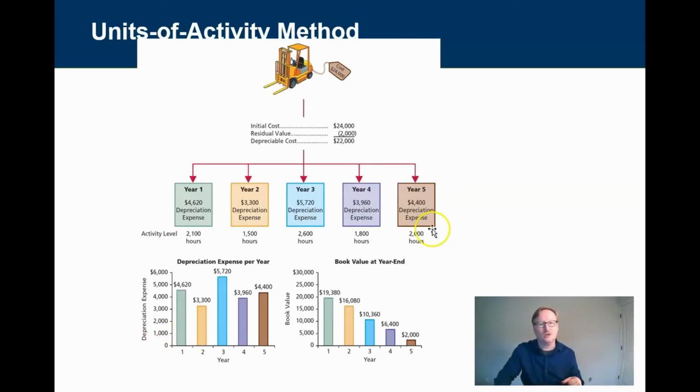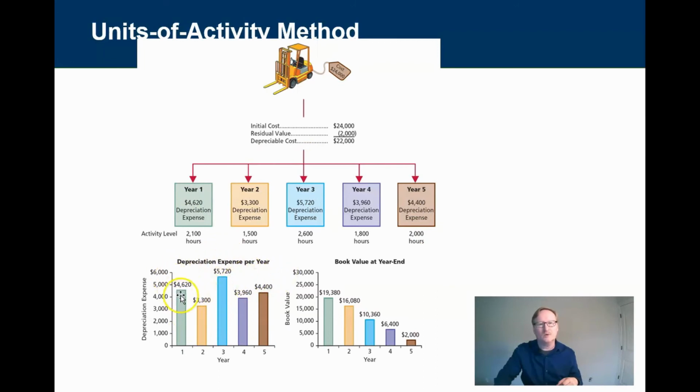And where it really shows is when we look at this little chart. And you'll see now, here's our 2,100 this year, 1,500 that year. This is the forklift, how many hours it was used. So what you'll see is each year it was a little different on how much you actually used the forklift, how many hours. And now you look at your chart and it's like this, right?